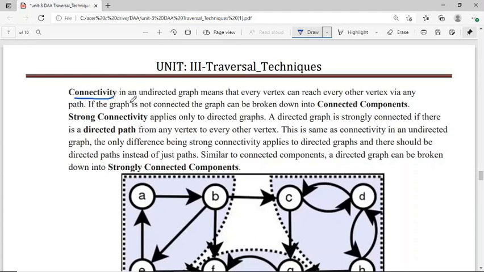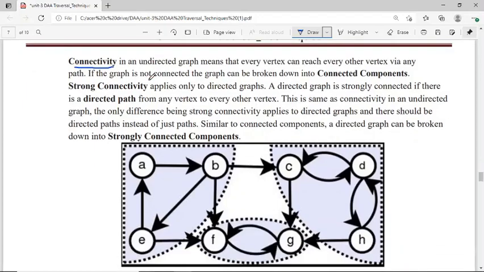But in connectivity, you can go with any path, but you must cover all the vertices, then only it will be connectivity. If we take the example of A to H, it goes through so many vertices, but it should reach H, then only it will be connectivity.